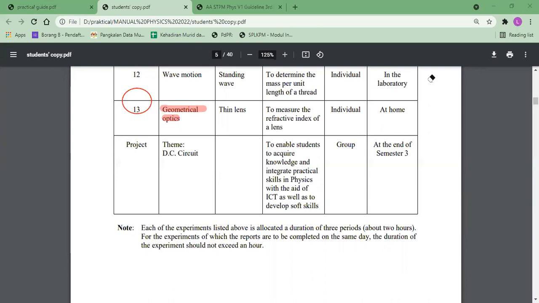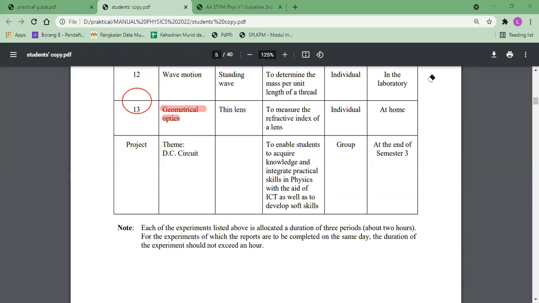Get it? For these 3 experiments, after you collect the data, you do the error analysis. That means find out the uncertainties and also the percentage of error.